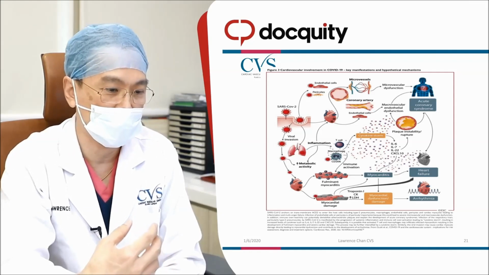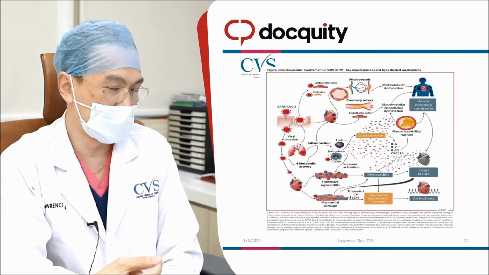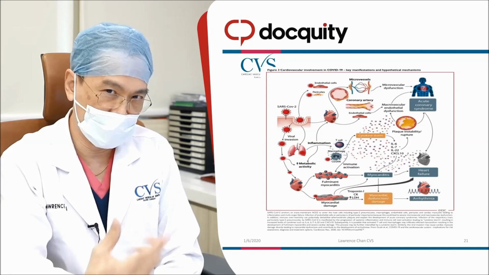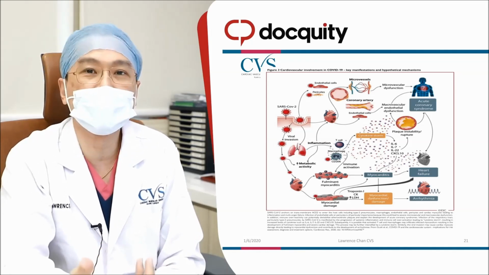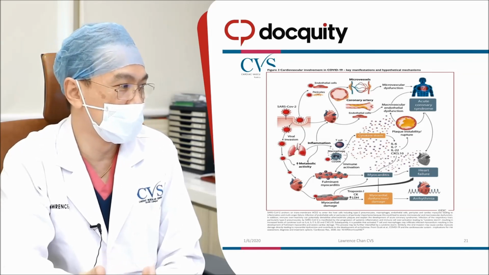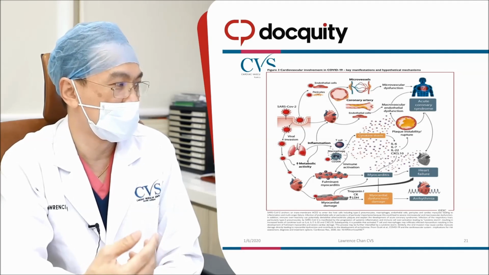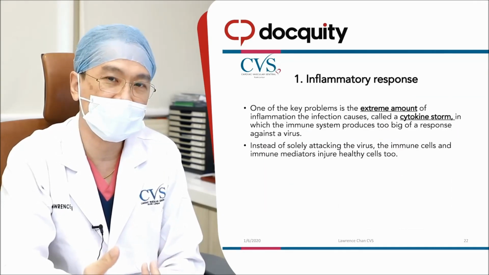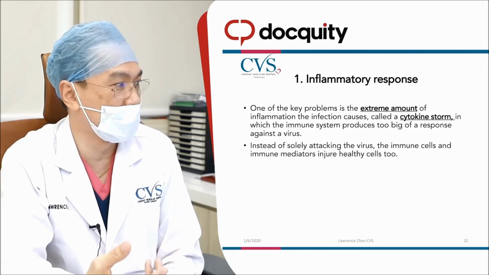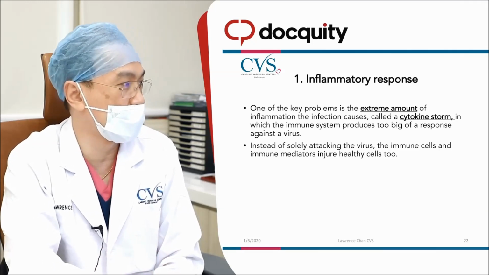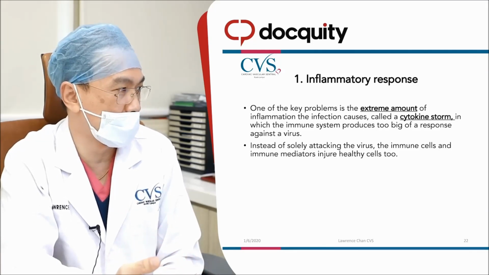The body is trying to get rid of this alien invader, so it puts out intermediaries such as the interleukins and the interferons and the cells, and this sometimes goes to a very high level, and this is called a cytokine storm. It's an extreme amount of inflammation.